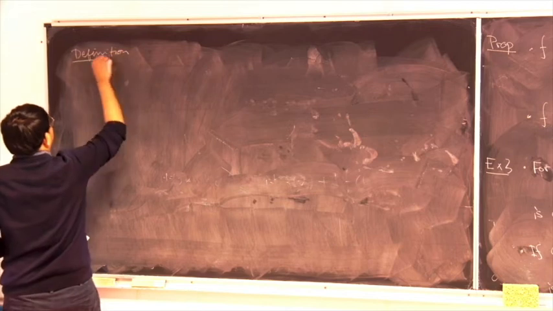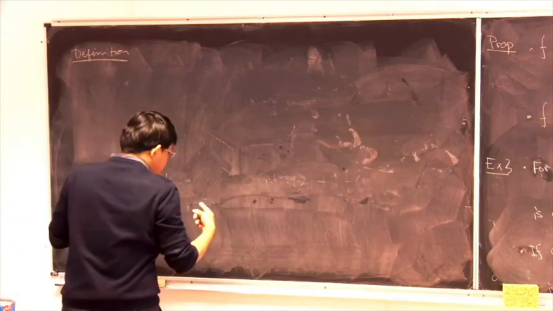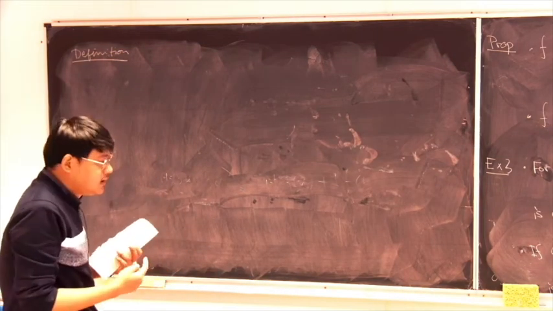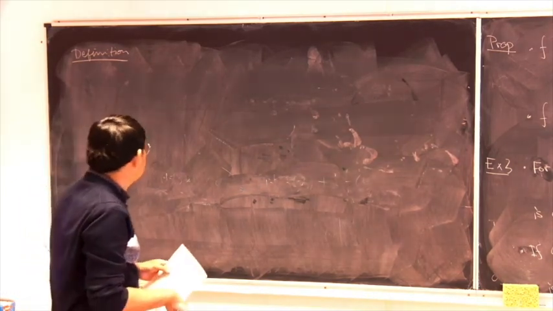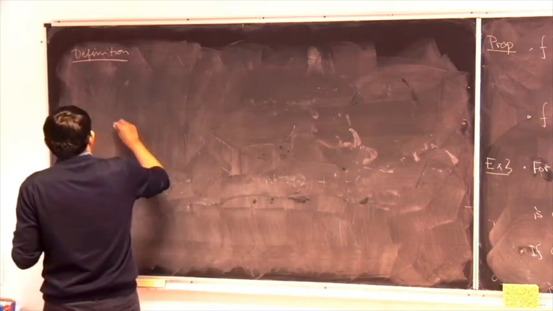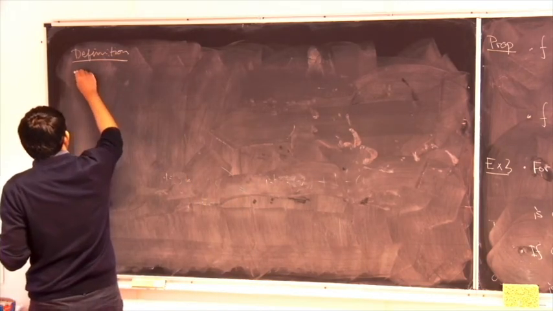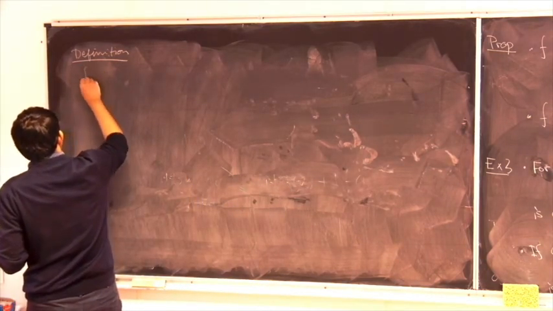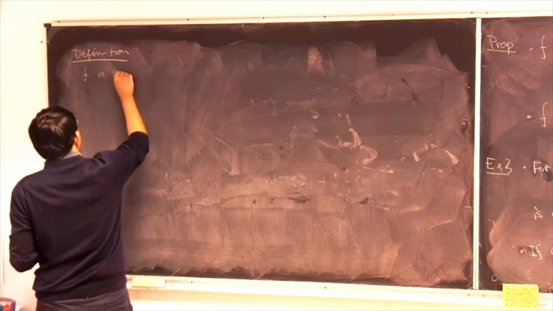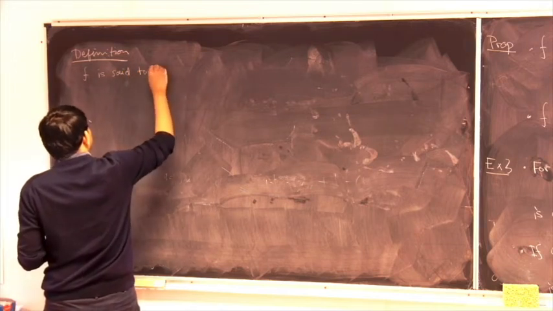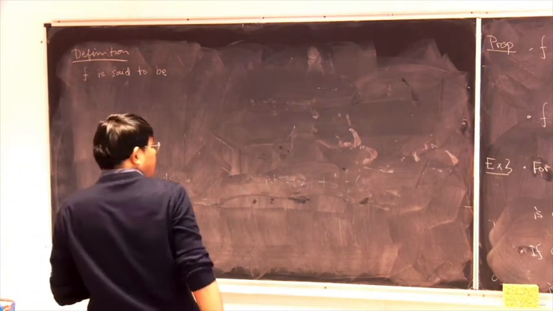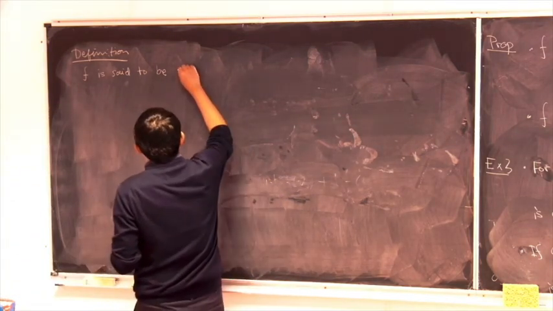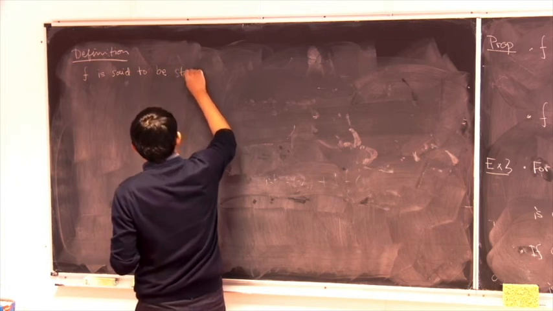And this strong version of convex function plays a very, very important role in the subsequent material. F is said to be strongly convex.